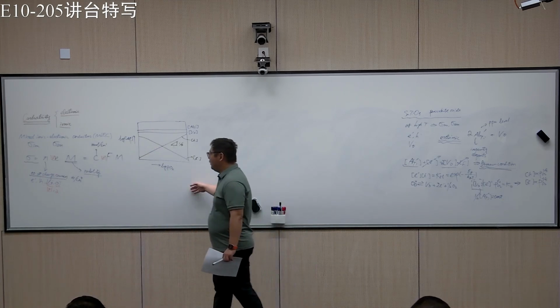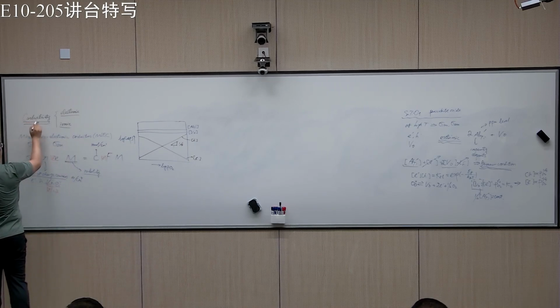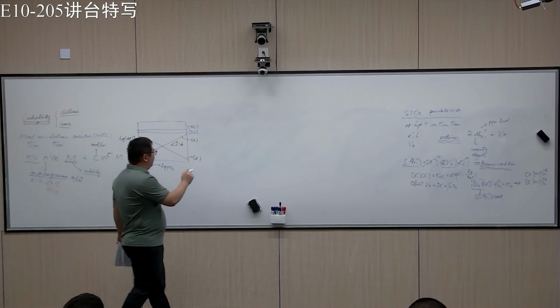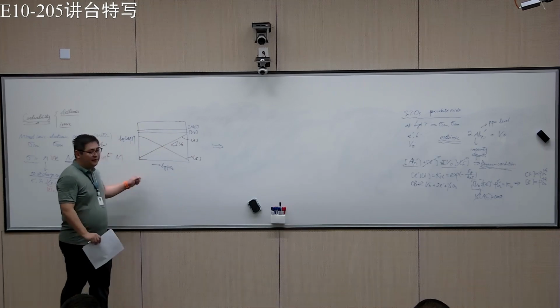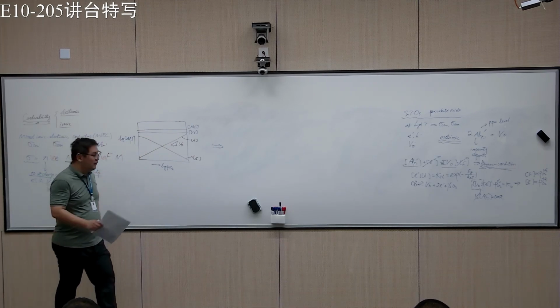So, however, we don't really want this one. This is not our end result. The end result is to understand the conductivity. Okay. So what we want to know is, just like what we did last class, to convert the Brouwer diagram to the charge storage.